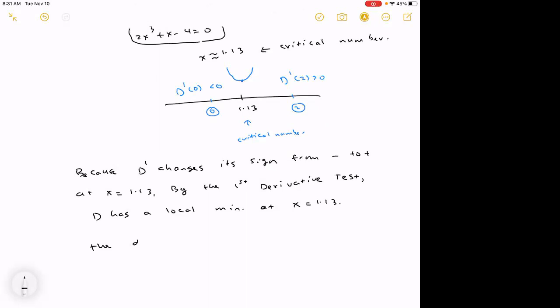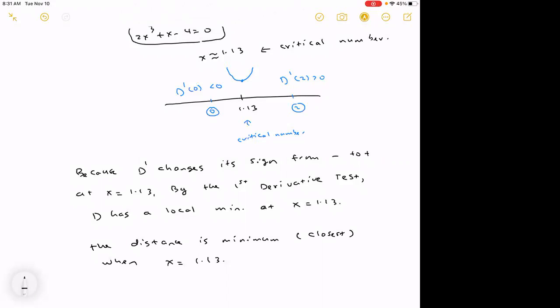So the distance is minimum. In other words, closest when x equals 1.13.